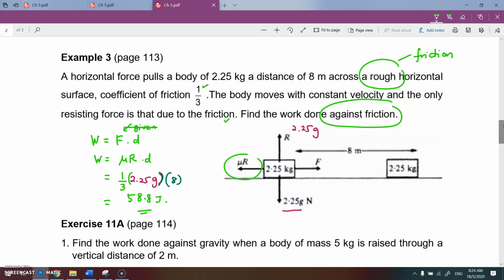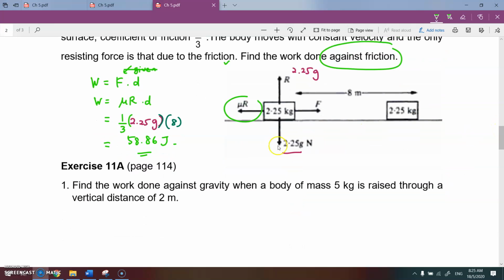But if you want to use 9.81 times 8, your answer would be a bit different, 58.86 joules. We will continue with exercise 11A in the next video.